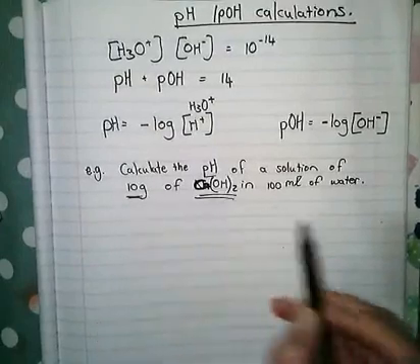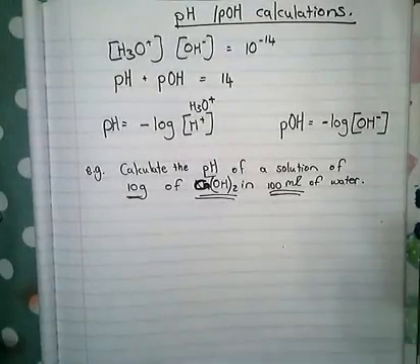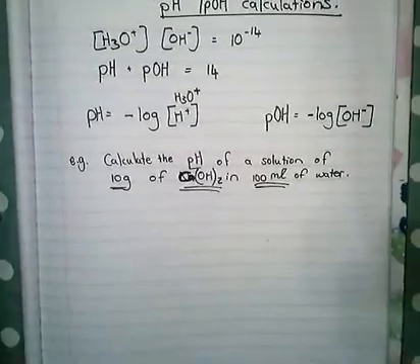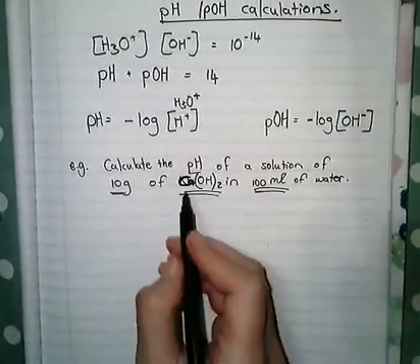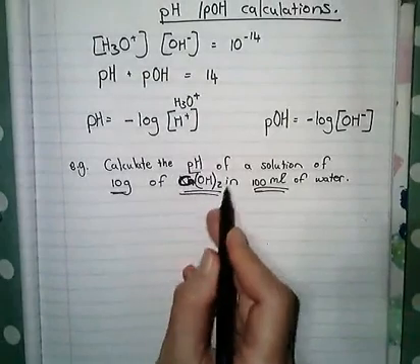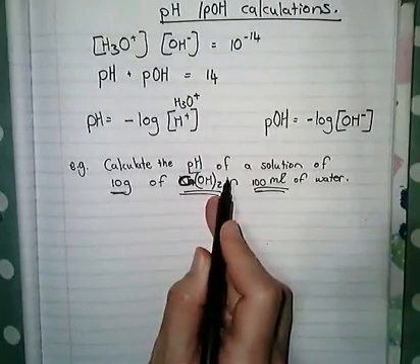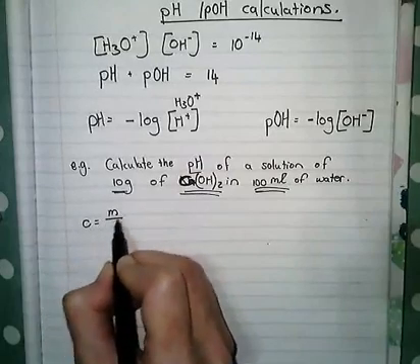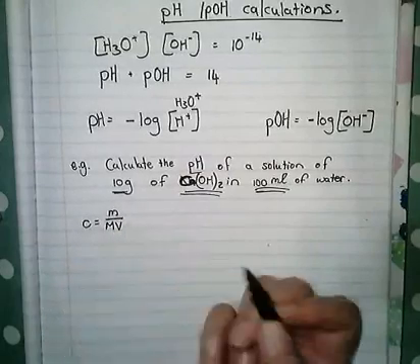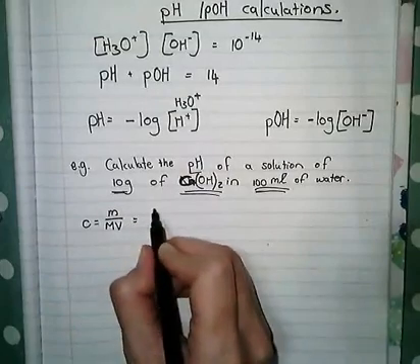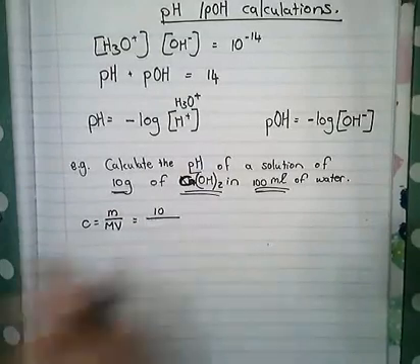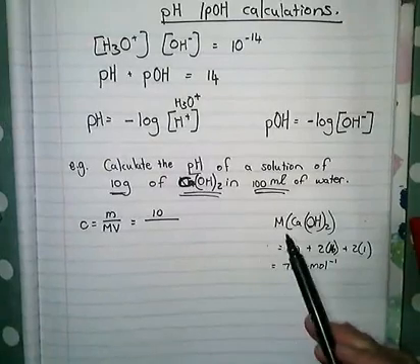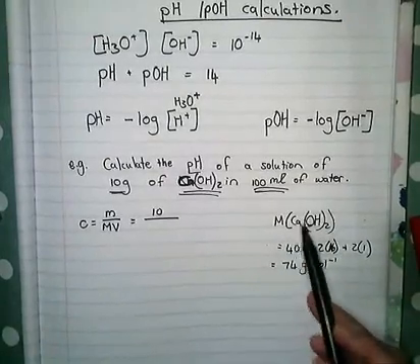The molecular mass is, if you look over here, calcium is 40. And then there's 2 oxygens, so it's 2 times 16 plus 2 hydrogens, so that's 2 times 1. So that gives us 74 grams per mole. So that molecular mass is 74. And the volume is given in milliliters. We need to convert it to liters, which is equivalent to cubic decimeters. So that's 0.1.